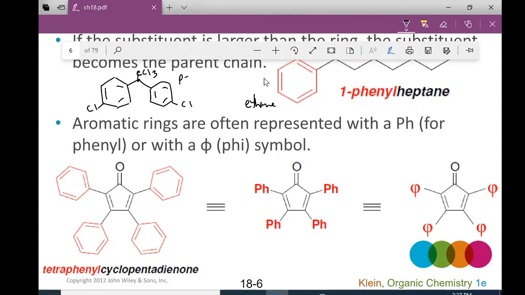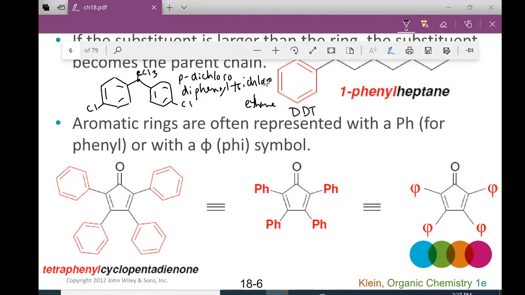So this molecule is para-dichloro, diphenyl, because we have the two benzene rings, trichloroethane. And so this molecule is actually DDT. So because it's easier to name this as a derivative of ethane, then we go ahead and do that because it's just easier. So sometimes this rule doesn't actually hold.